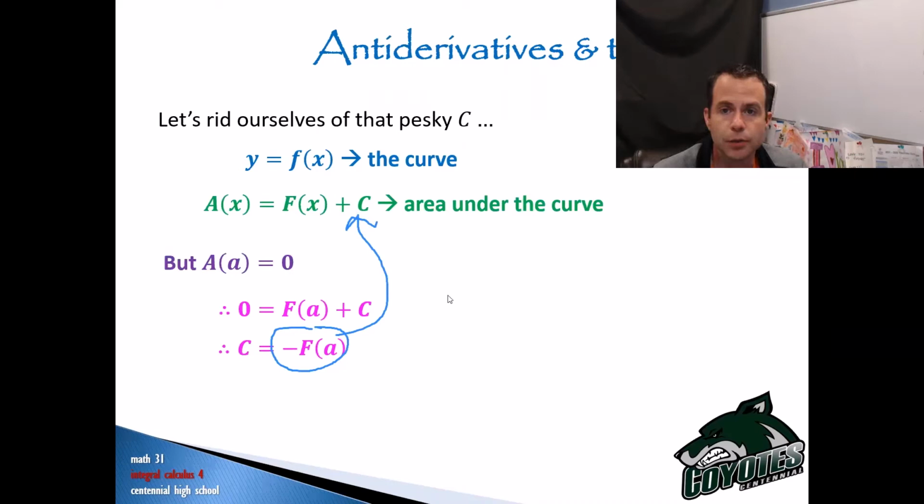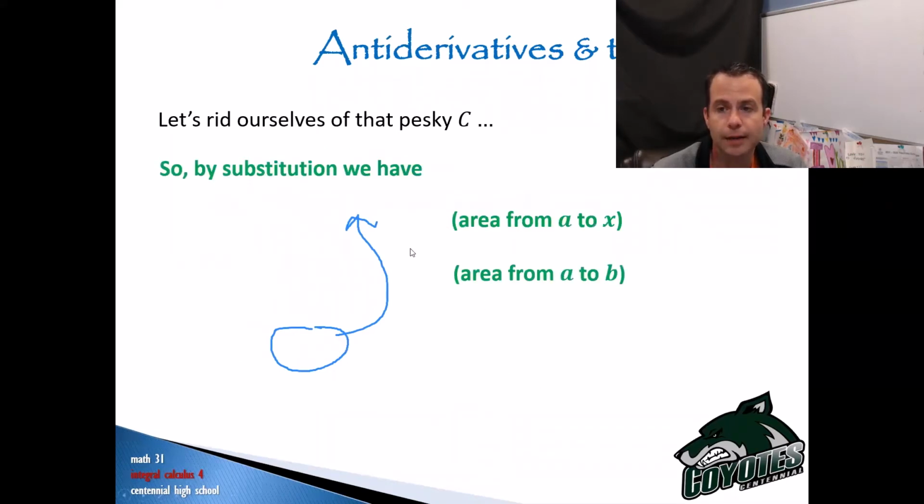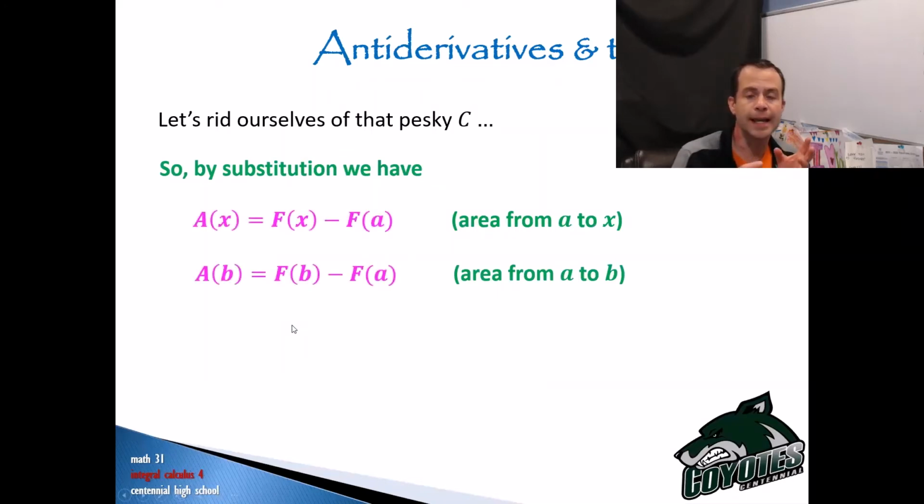So by substitution, we have the following. I'm just going to clear that ink for you. We say the area at x will be f of x minus f of a, or the area at b is f of b minus f of a, depending on whether we're talking about the area from a to x or the area from a to b.